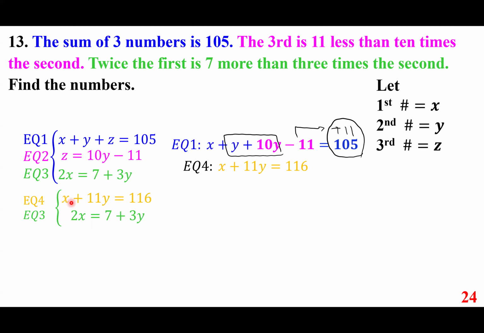And then I can replace the 2x with 7 plus 3y. Again, this is one easy way. This is not the only way. Normally, you bring x and y on the same side and you get rid of one of them. Since this is solved for not x, but rather 2x, I'm going to multiply the top by 2. So if I multiply it by 2, this becomes 2x, this becomes 22y, this becomes 232.